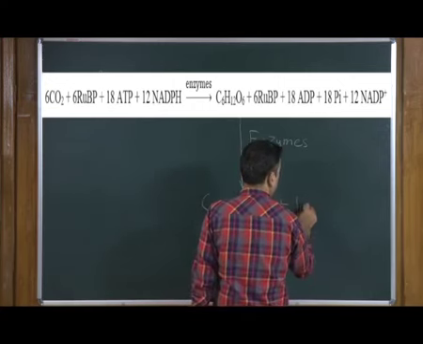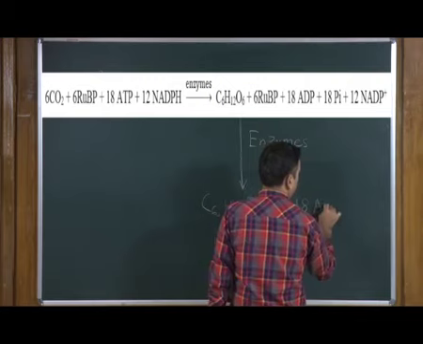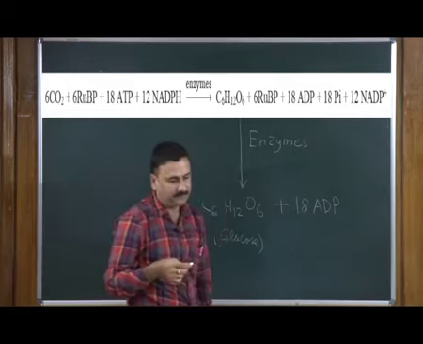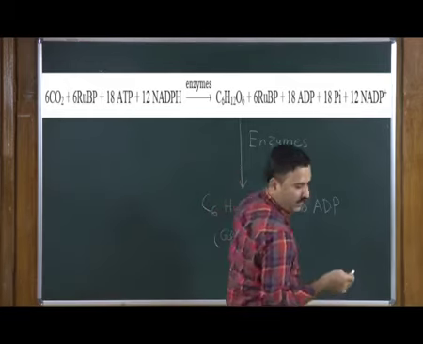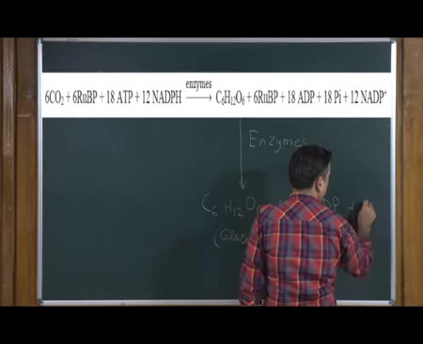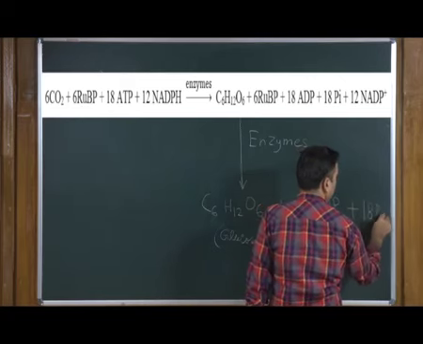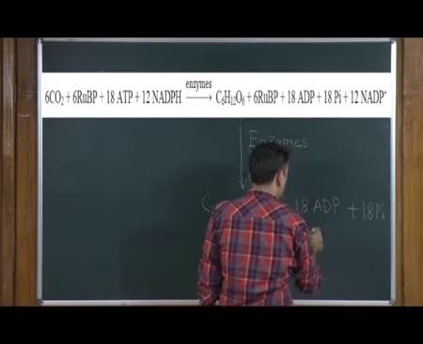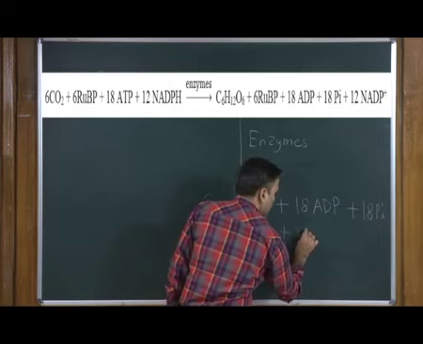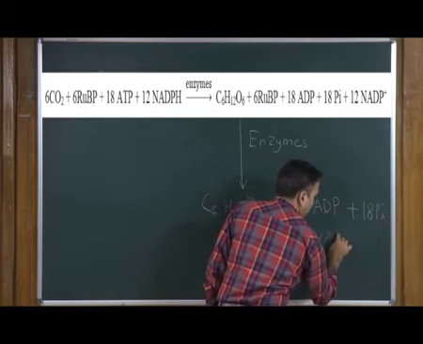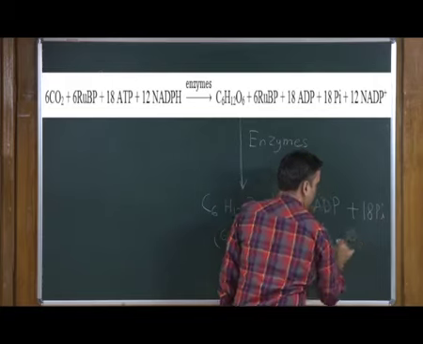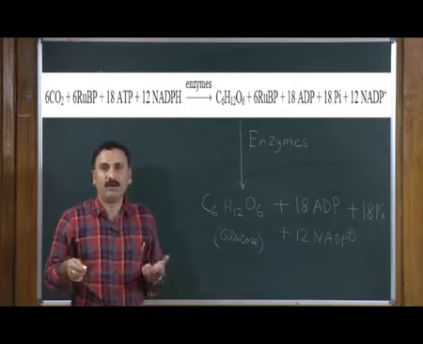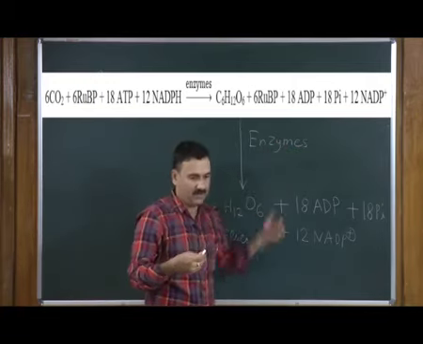You are going to generate 18 molecules of ADP, which come from the ATP, and you are going to generate 18 molecules of free Pi, because ATP is getting converted into ADP, and you are going to generate 12 molecules of NADP plus. So, these molecules are ready to be combined by going to the light reaction again.